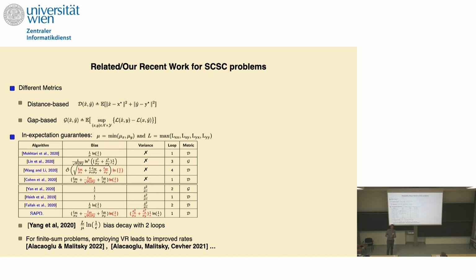It doesn't matter, but let's say if you use the sign gradient map, for example, as an operator, I would say the existing VI results we were able to find were working mostly with the global Lipschitz constants, right? So for example, you have L_XX, L_XY, L_YY.